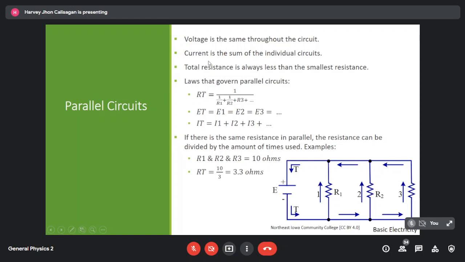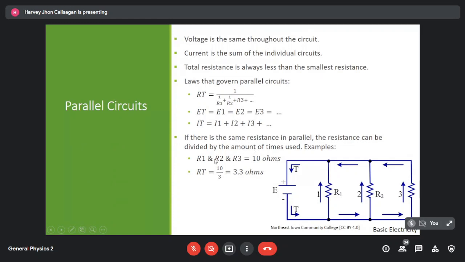Since we're talking about the current that is the sum of every individual branch, where the resistance is the reason why they are divided into many divisions, we have to understand that the formula changes. So for the resistance, since the resistances are divided into many, we have RT equals 1 divided by R1 plus 1 divided by R2 plus 1 divided by R3 plus 1 divided by R4.